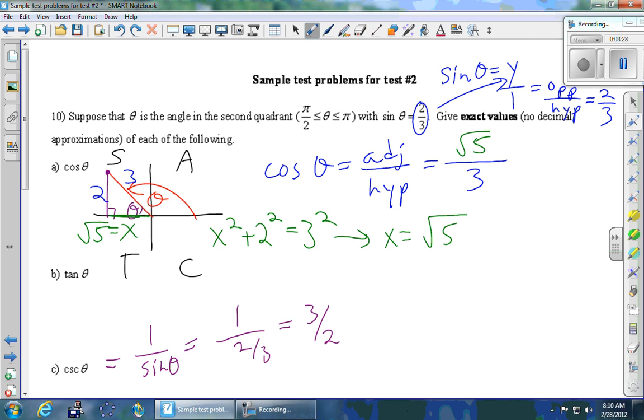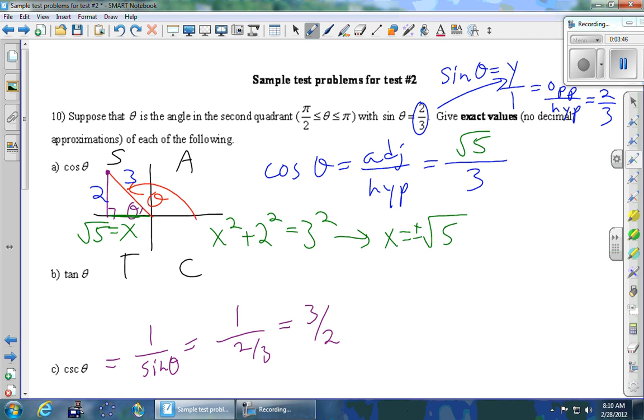But that means that cosine should be negative in that quadrant, but somehow we got cosine was a positive √5/3. So what happened? Well, what happened is when I solved my Pythagorean theorem equation, and I took the square root of both sides, I forgot to put in that important symbol. It's √5, or it's negative √5.